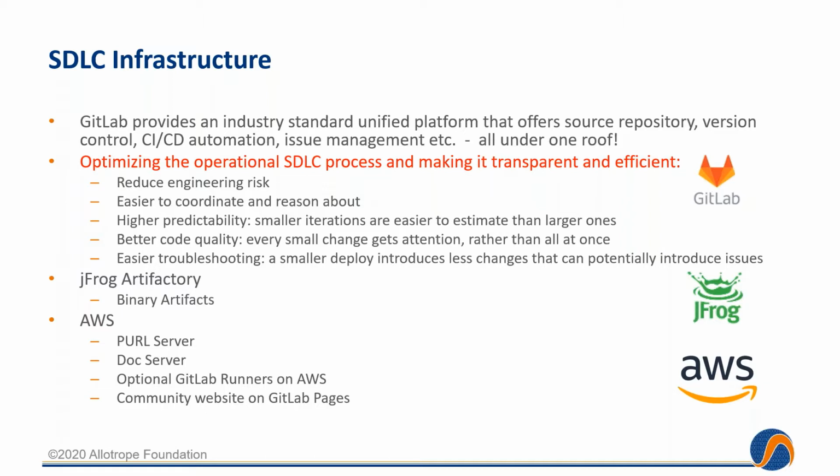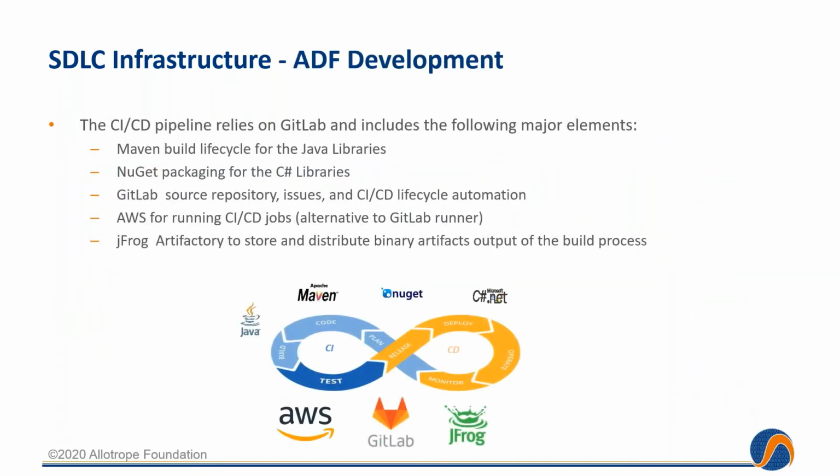We're using the JFrog Artifactory as a repository for binary artifacts, and we're using AWS for hosting our PURL server, Doc server, some of the optional GitLab job runners, and our community website. For ADF library development, we're using continuous integration and continuous deployment pipelines, which rely on GitLab, including some of the following elements.